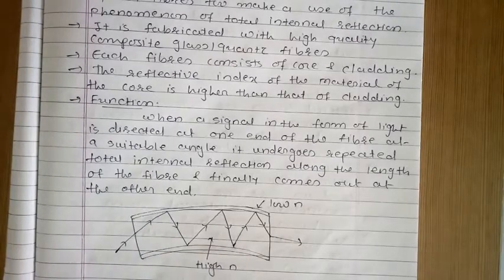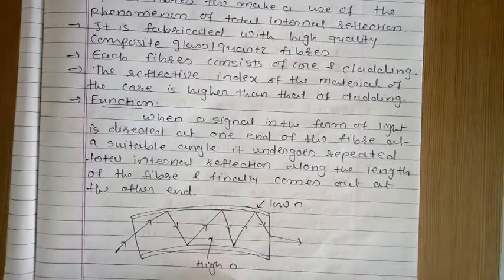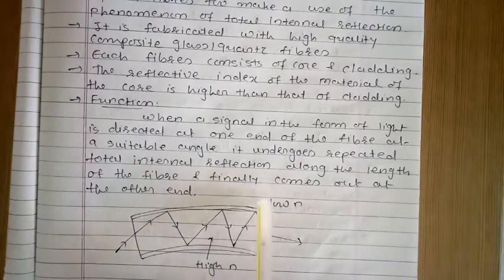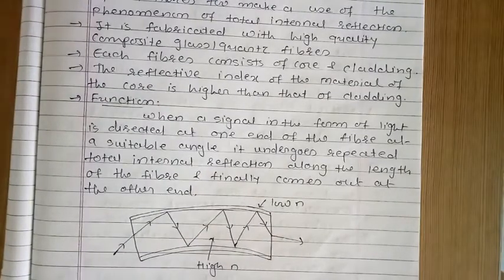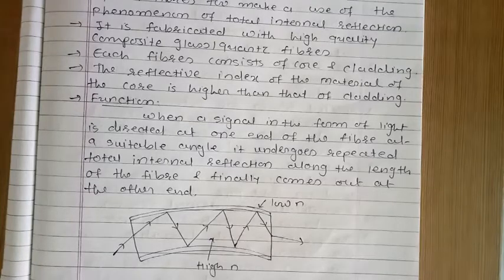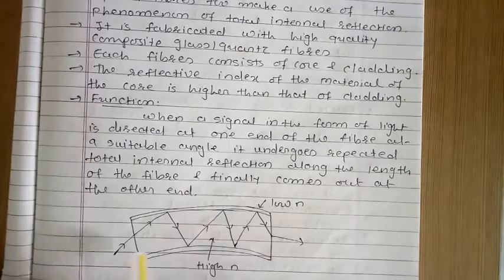We know that the core has a higher refractive index and the cladding has a lower refractive index. So here you can see high n, which means higher refractive index, and the cladding has lower n, so lower refractive index, right?